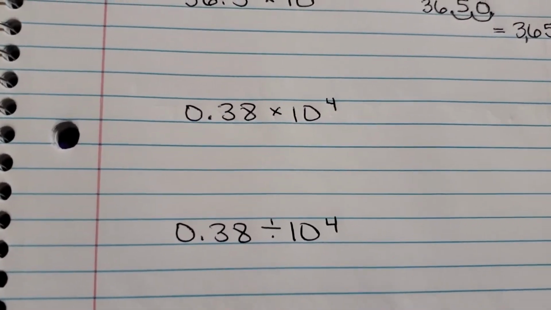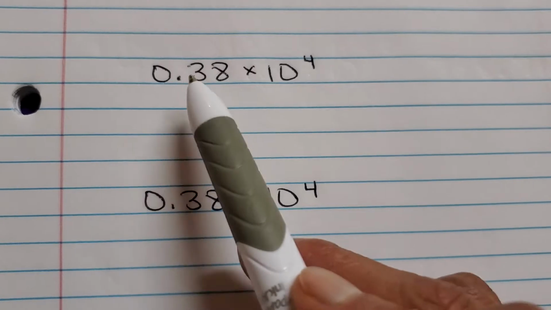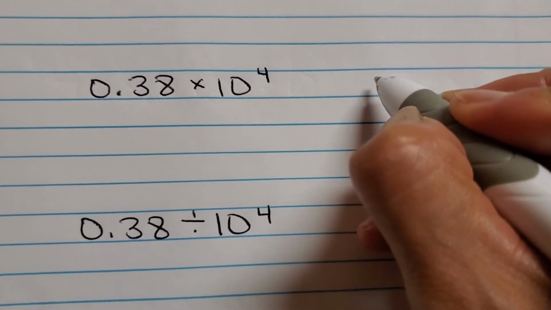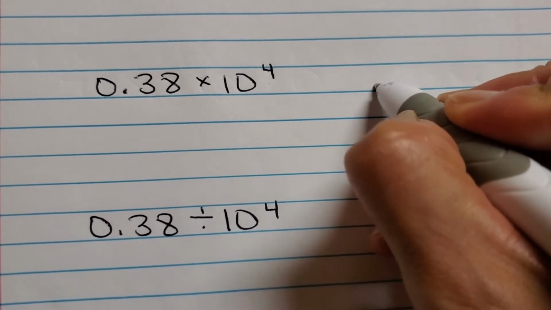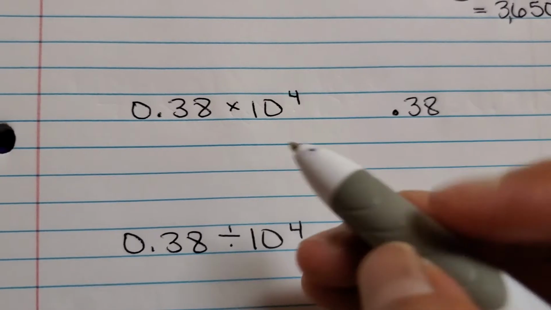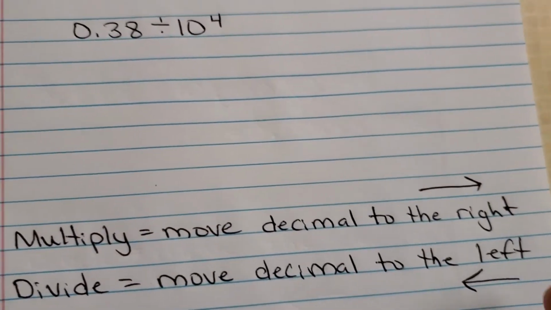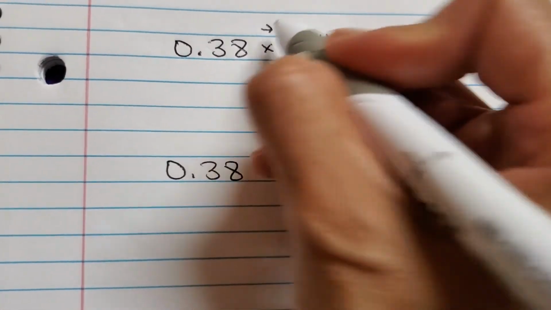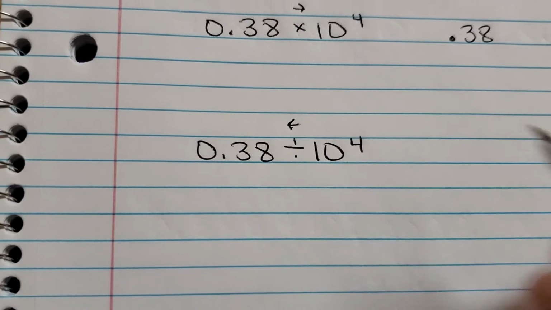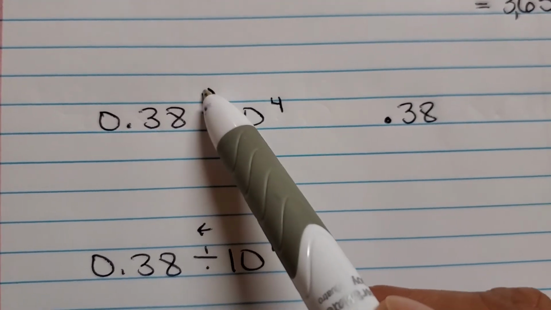All right, our next two numbers, 0.38. So let me write that again over here. 0.38. I'm multiplying. So remember, multiply means move to the right. Here, I'm dividing. Move the decimal to the left. So here we go. I need to go to the right.